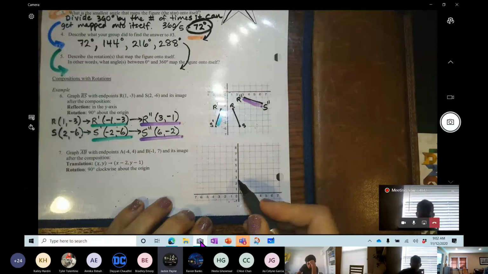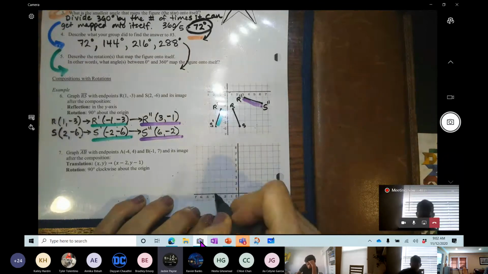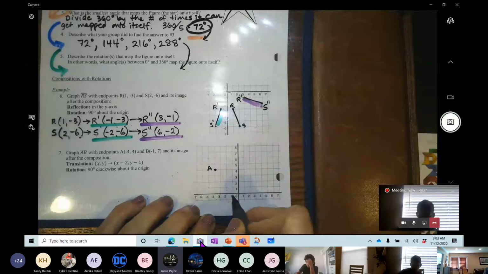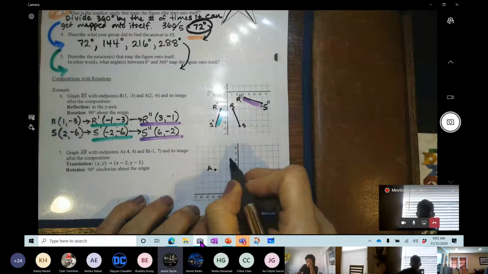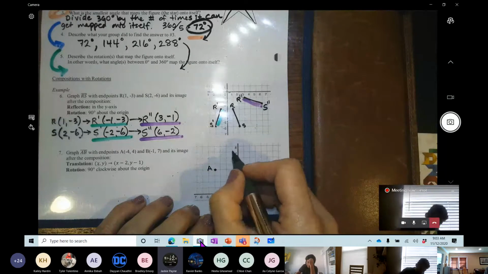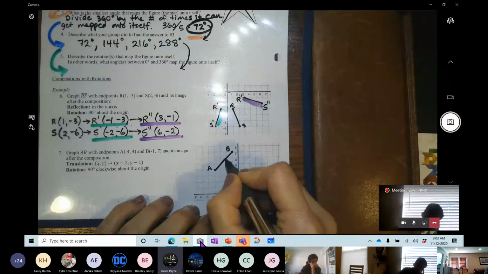So I know it's only going to be up in here because the graph says that. So -4, +4 is right here. That'll be A. -1, +7. 1, 2, 3, 4, 5. Make sure I know which one that is. That'll be B. So here's AB.